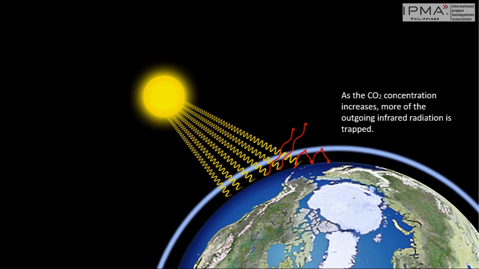However, an excess of carbon dioxide is bad for our planet. So we have introduced additional carbon dioxide concentration in the atmosphere, and that in turn traps more infrared radiation in the atmosphere, and that causes global warming.